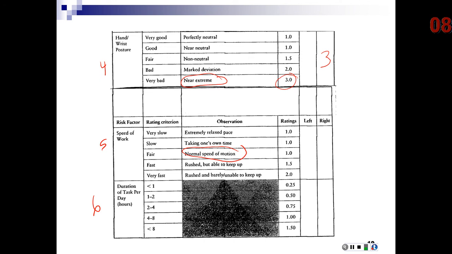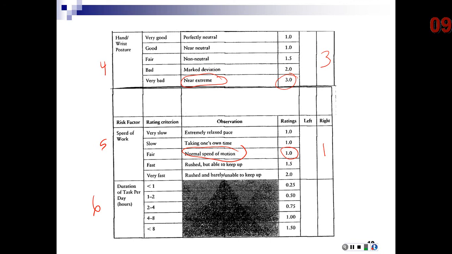If they've been on the job, they can do it faster, and so most people will operate at a normal speed unless they're externally paced, such as working on a conveyor or assembly line. Things come to them, they don't have control over their pacing, and in that case they might be rushed, barely able to keep up. But if it's self-paced, most people will either work at a normal speed of motion, as this one is, or they might even be working on the slow end.